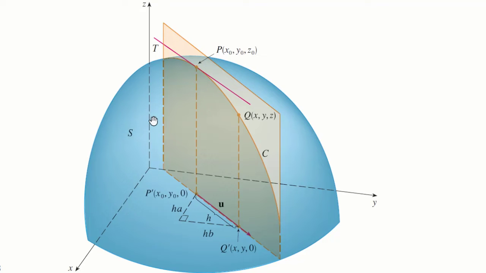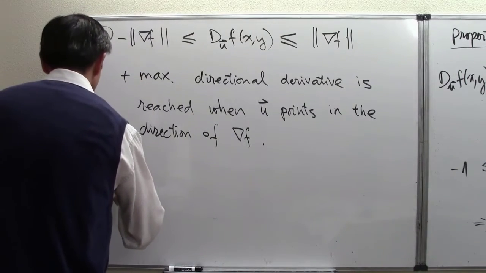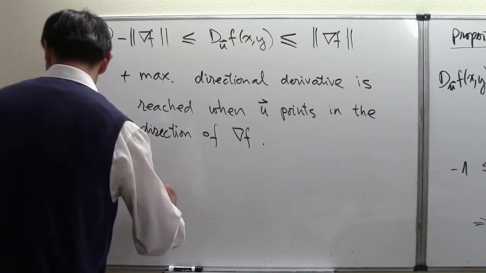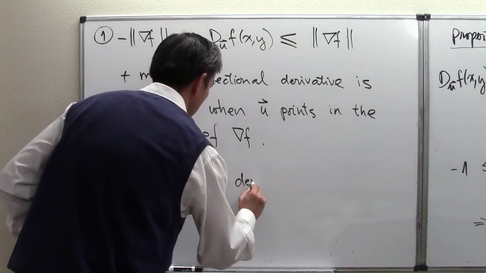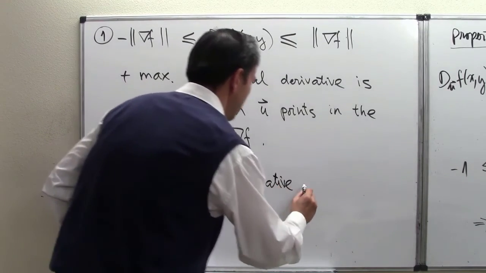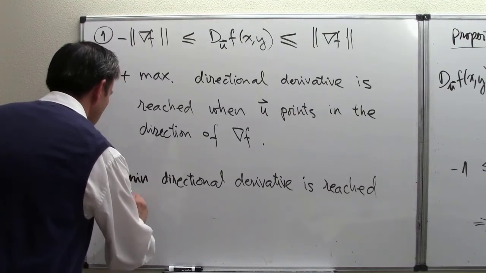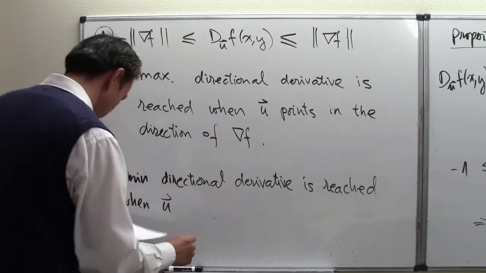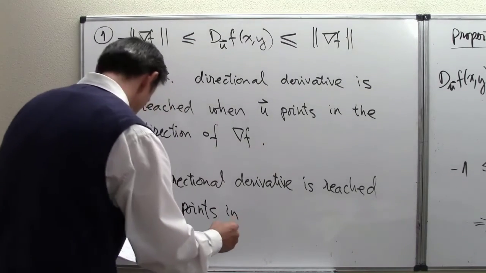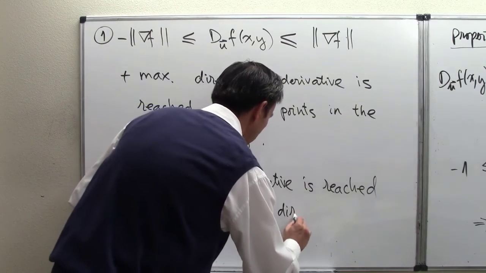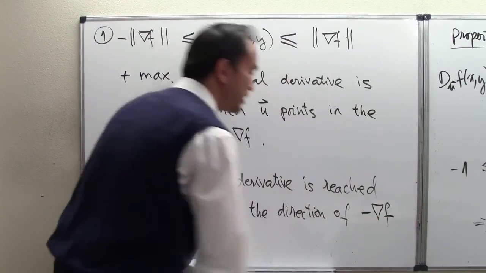the opposite, okay? So now let me get back on the board. All right, so the minimum value of the directional derivative is reached when the vector u, the directional vector, points in the direction of minus del f, the opposite way.